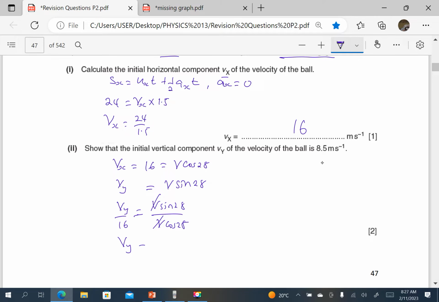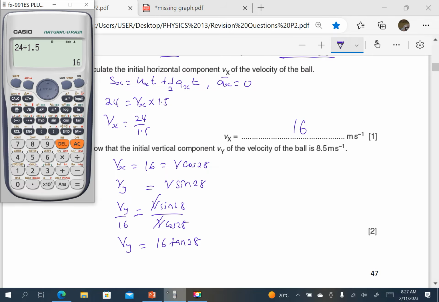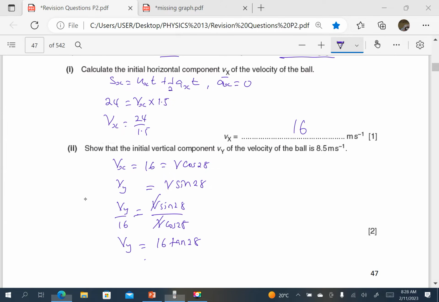The vertical component Vy is going to be 16 times sin 28 over cos 28, which is tan 28. So you have 16 tan 28, which is going to be 8.507, or approximately 8.5 meters per second as required.